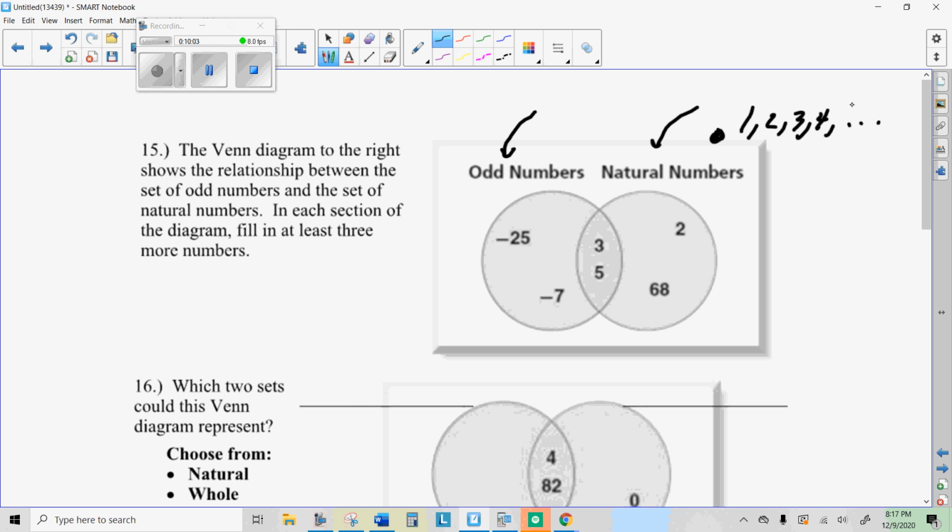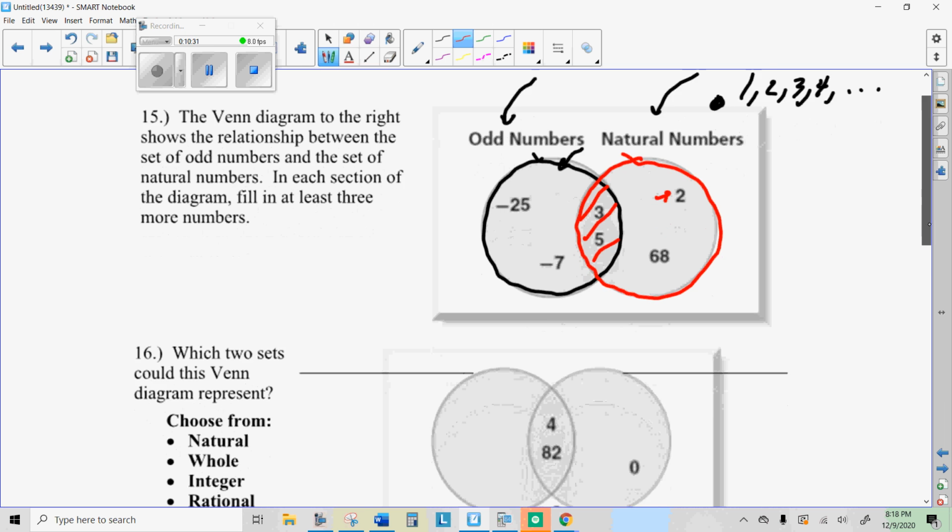So when we combine these two sets together, odd numbers are in this circle over here, so all of these four are odd numbers, and all of these four are natural numbers. There's two of those numbers that are both odd and natural. We don't include 2, so that's out here, and those are in this middle portion.